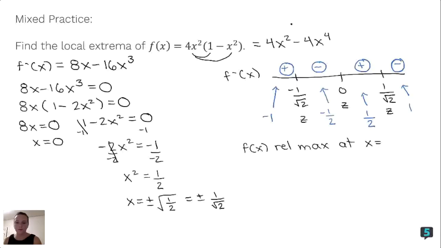Awesome. Negative 1 over the square root of 2 and positive 1 over the square root of 2. So guess what? We don't just have one relative maximum. We actually are going to end up with 2.